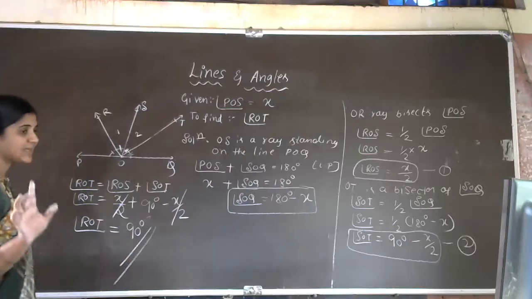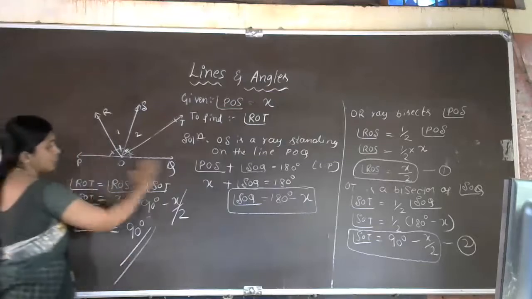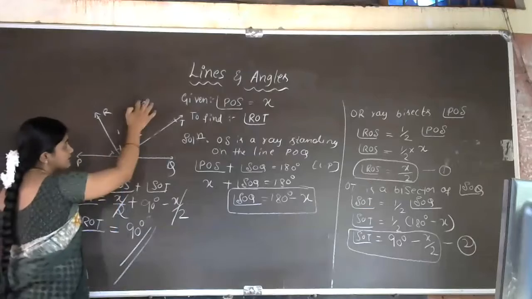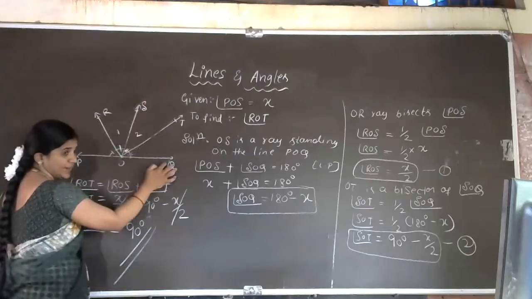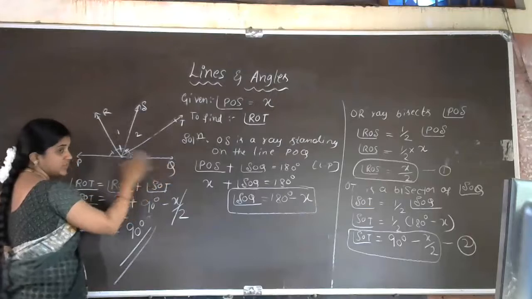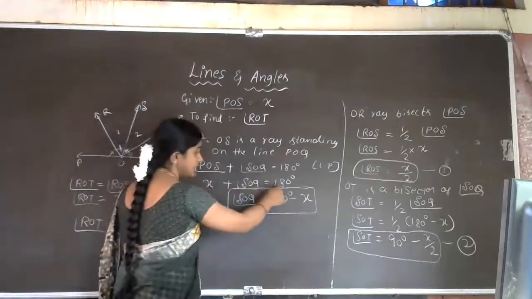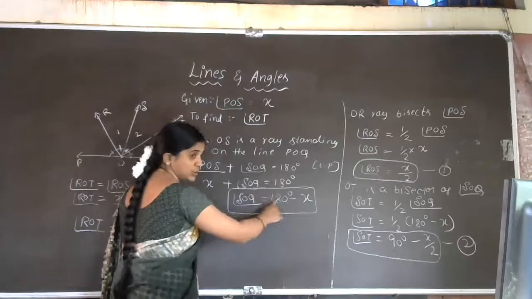So once again, I'll recall this one. POQ is a line. OS ray is standing on the line. Therefore, angle POS plus angle SOQ is equal to 180 degree. So, linear pair. Then POS is x, so SOQ is equal to 180 minus x. This is the first step.